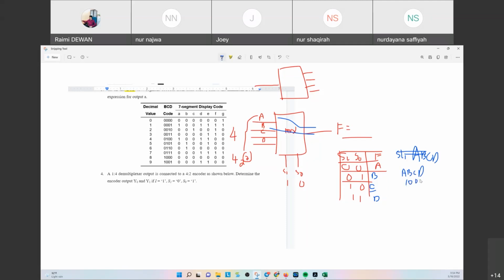Now we put the value. Because S1 and S0 is 1, 0, it will refer to C. Currently C is 0, so the output is 0. Okay, understand? This is multiplexer. Demultiplexer is the converse.